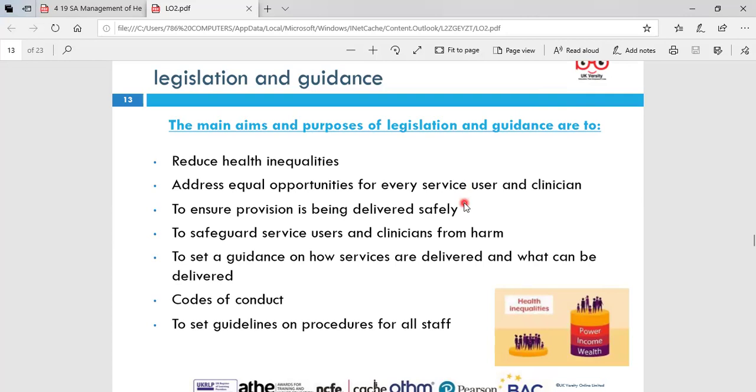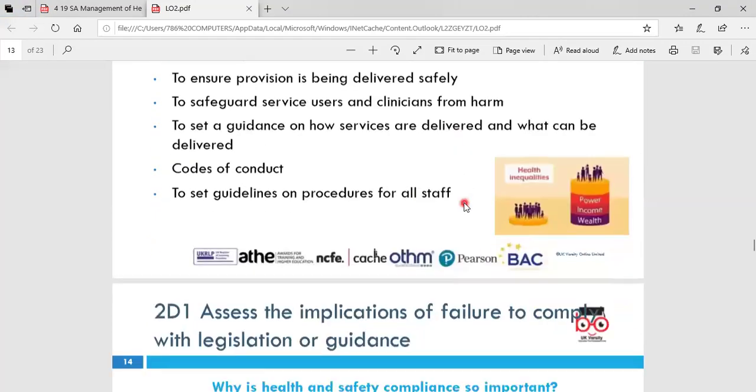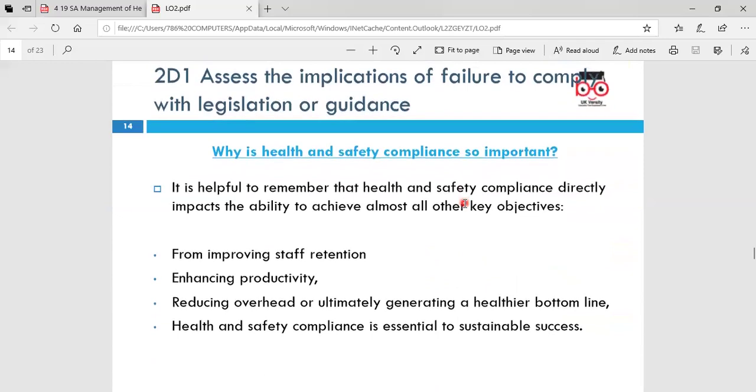So it could be a staff such as a clinician or a staff such as a cleaner. So everyone has to know that their guidelines are available on all the procedures.